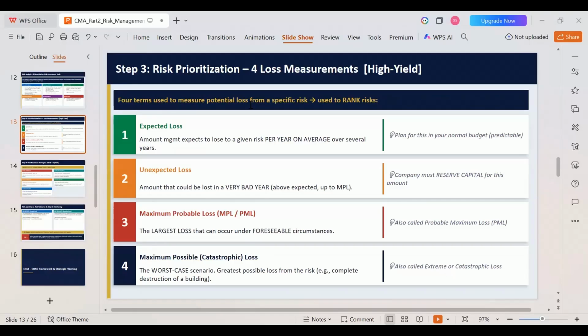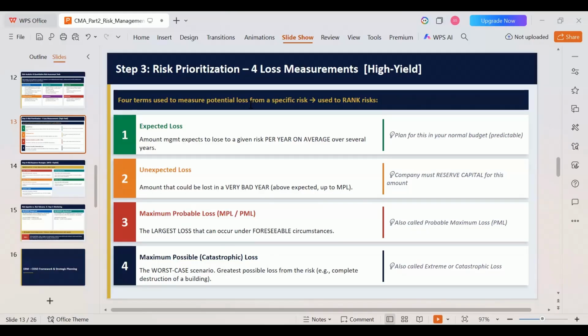So now our maximum probable loss will be losing our latest built floor, that is our 4th floor.